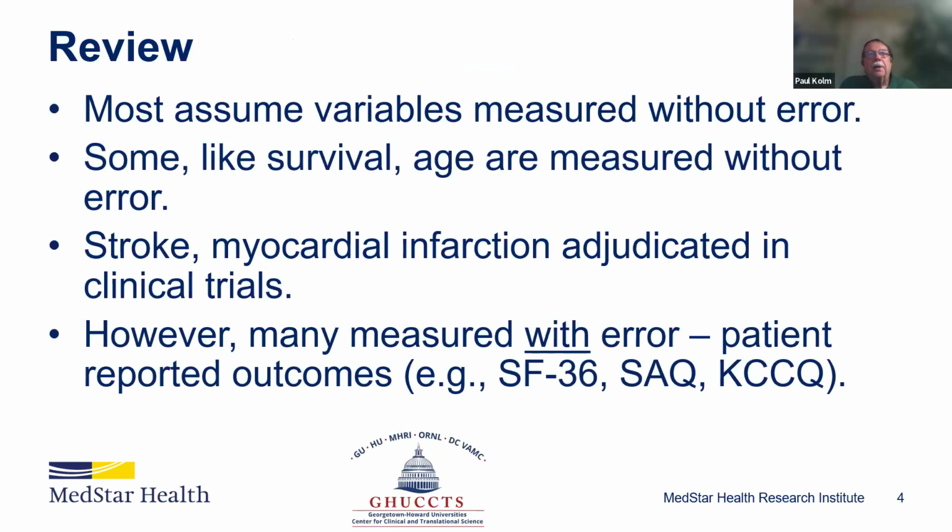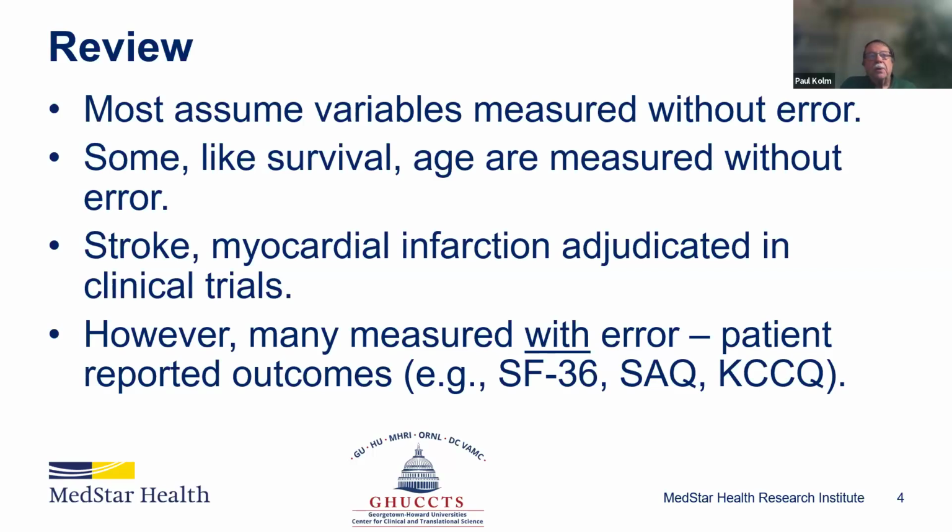In regression, most variables are assumed to be measured without error. For some, like survival or age, we can pretty much assume that they're measured without error. Other outcomes like stroke or MI are usually adjudicated by a group of experts.